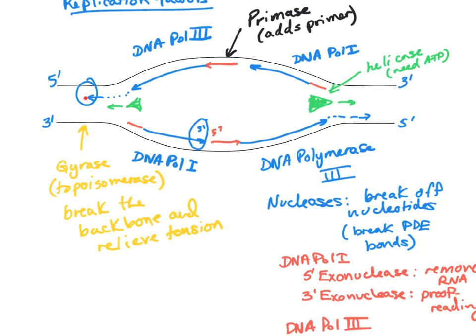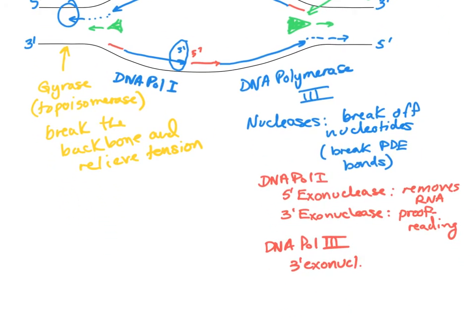However, DNA Pol 3 never is going to run into the primers because there's no primers ahead of it over here. So therefore, what we can say is that DNA polymerase 3 does not have the 5' exonuclease that's needed for removing RNA.